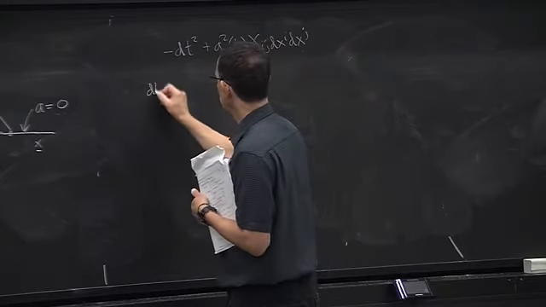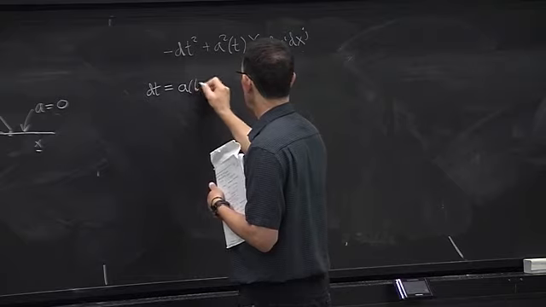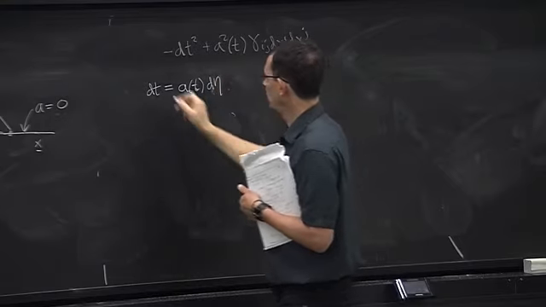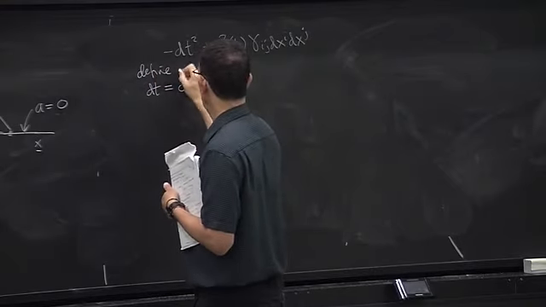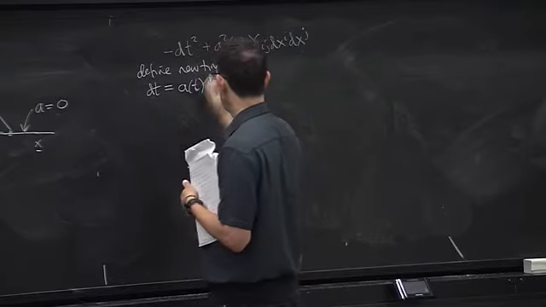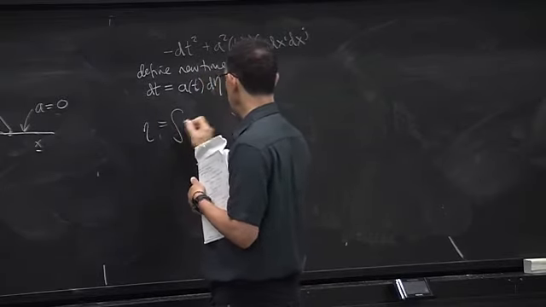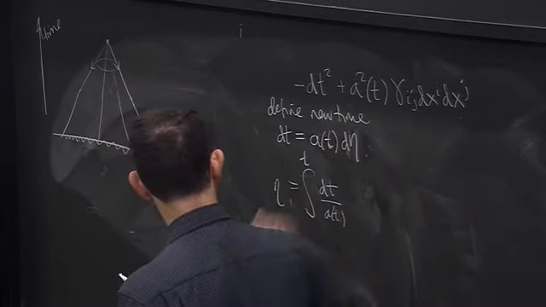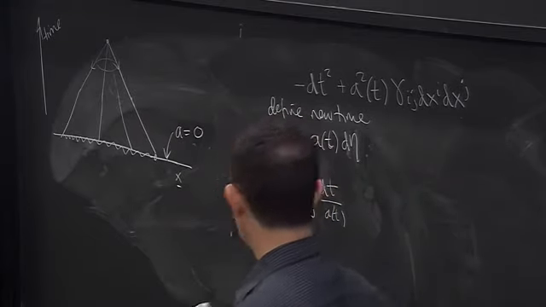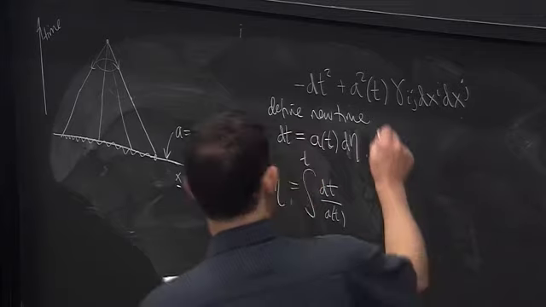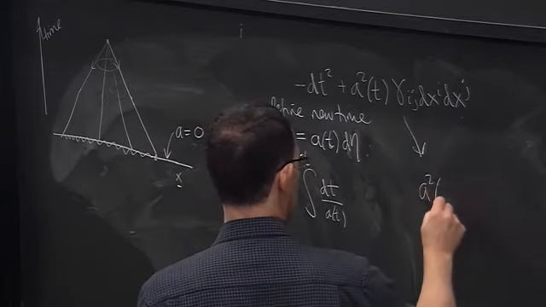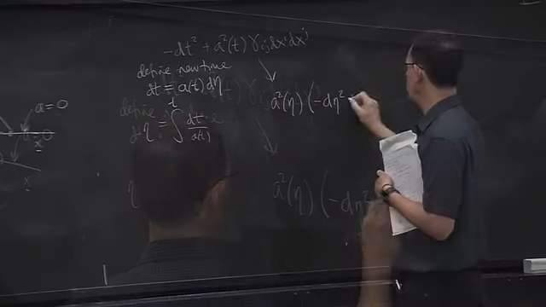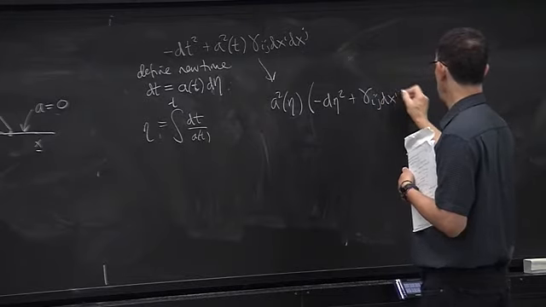Now, what I can do is define a new time, let's call it eta. All this means is that eta is equal to the integral of dt over a of t. Then d eta will be dt over a of t. And so the metric becomes a squared of eta, because I changed coordinates from t to eta, times minus d eta squared plus gamma ij dxi dxj.